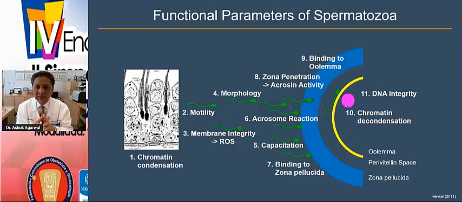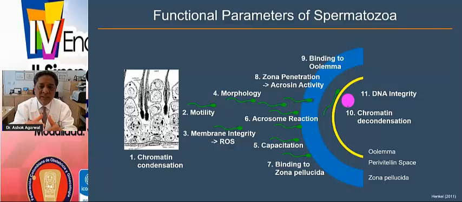These events are listed here, which are necessary, whether it is the membrane integrity of the spermatozoa, chromatin condensation, morphology, capacitation, acrosome reaction, etc. All of those events are very well synchronized.